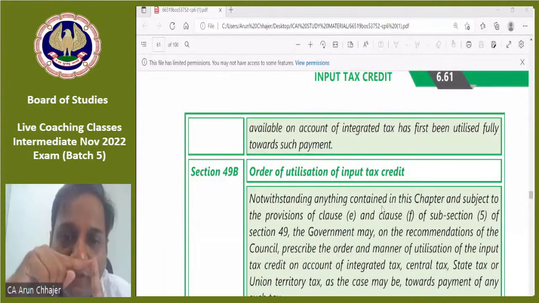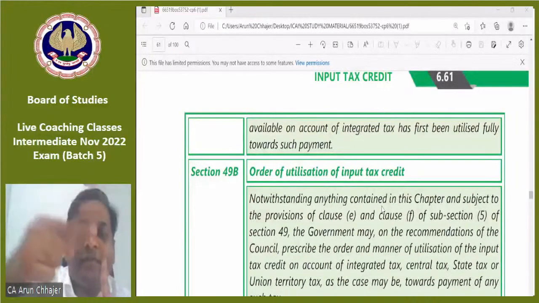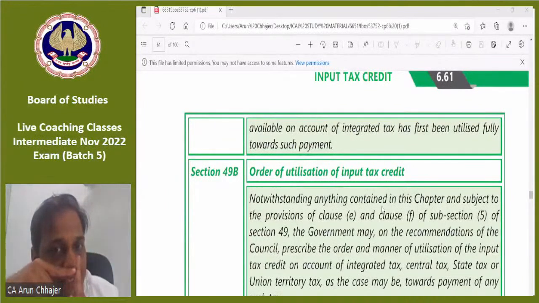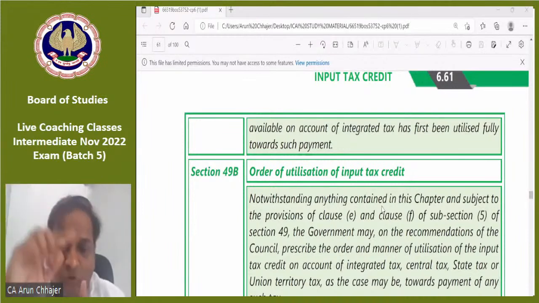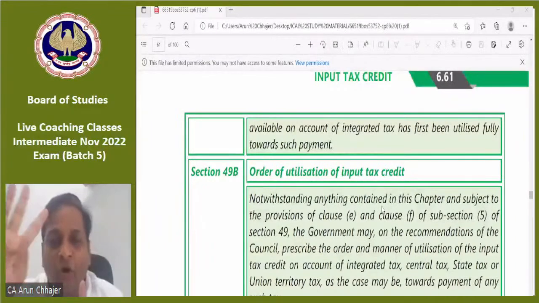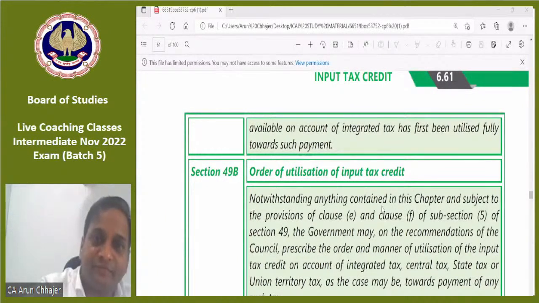See, when I am talking about IGST ITC, first we will talk about how it will be given. IGST will be given first to I, then C, then S. To C and S, it can be any order, any manner. Please write this down somewhere.